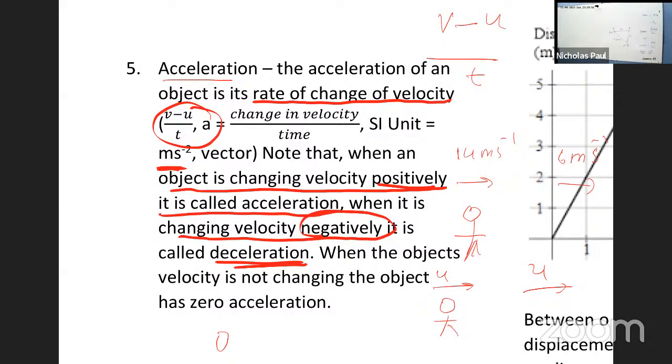If his velocity is 4 initially, and a few seconds after his velocity is still 4, what is happening? Accelerating, decelerating?